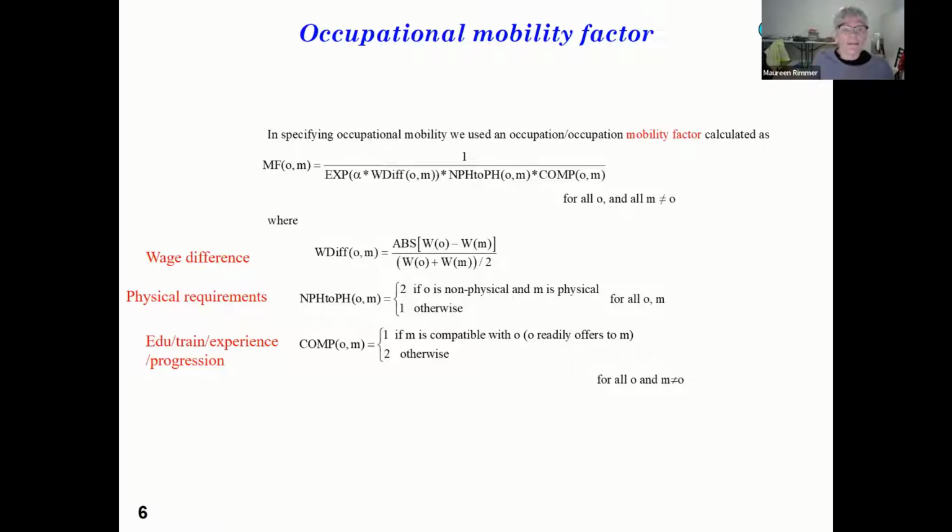So if M is very close to O, the mobility factor will come out close to 1, and if M is not close to O, it will come out much less than 1, and you'll not be allowed to offer effectively to those occupations. So you offer effectively to occupations that are close to you in wage, with small wage differences, close to you in physical attributes, and have the same sort of education, training, experience, and are in the same professional loop.